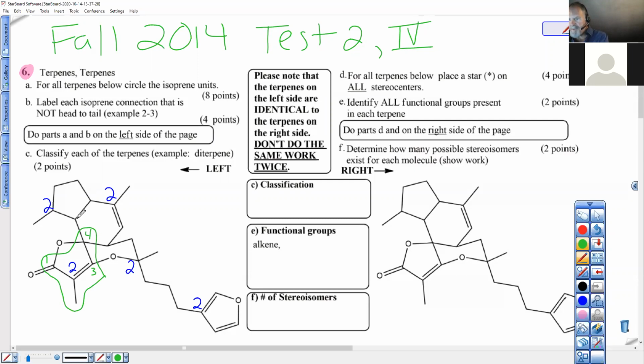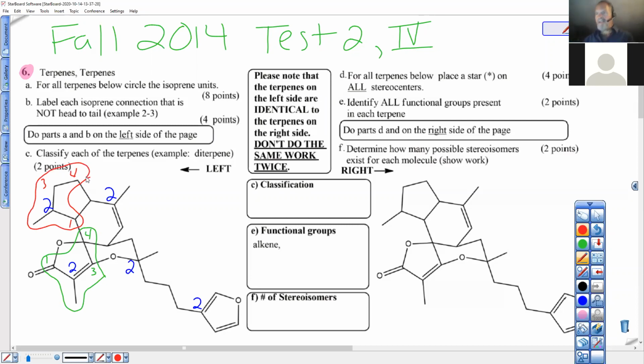Cross your fingers. If I go 1, 2, 3, 4, you're in big trouble. 1, 2, 3, 4, this never gets circled. Bad choice. How about 1, 2, 3, 4? I think that works very well. Five carbons in the circle.